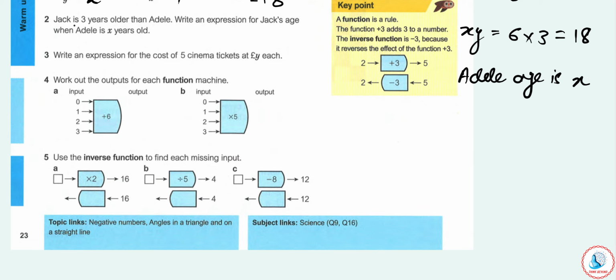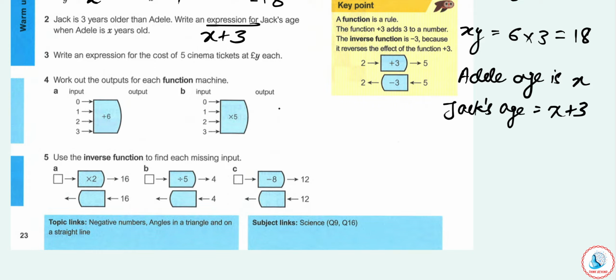And it says Jack is 3 years older than Adele. So actually Jack's age will be x plus 3, because Jack is 3 years older than Adele. So the expression will look like x plus 3.